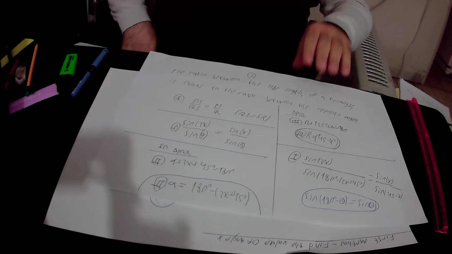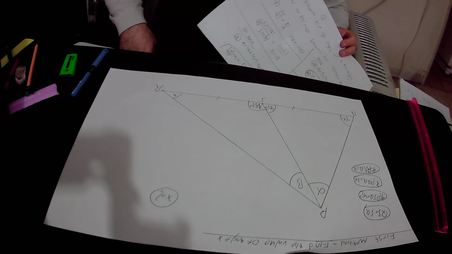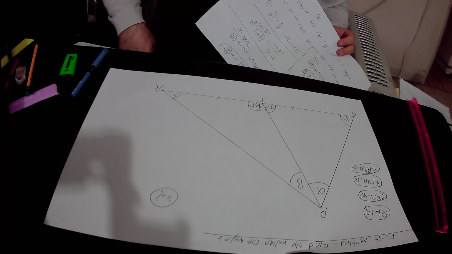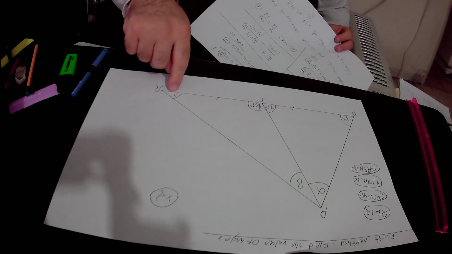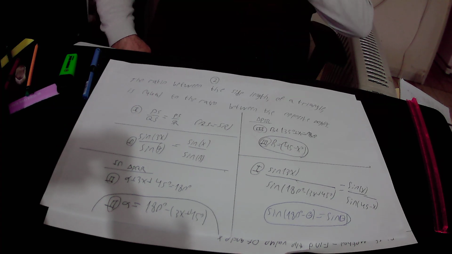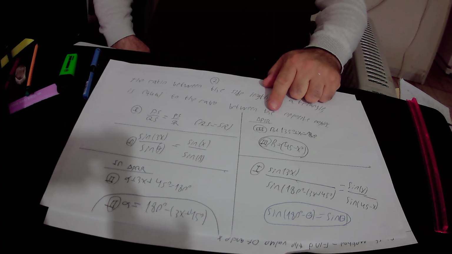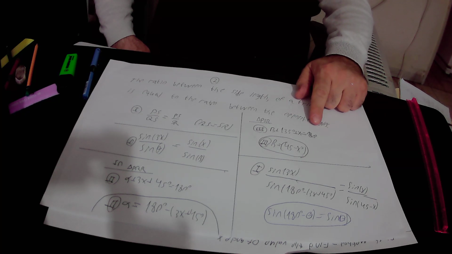Then we will focus on triangle PSR. In triangle PSR, the sum of the angles must also be equal to 180 degrees. That is to say, beta plus 135 degrees plus x must be equal to 180 degrees.